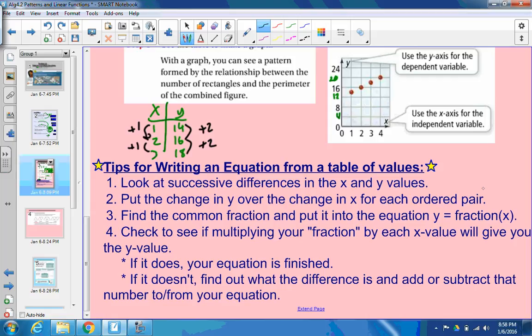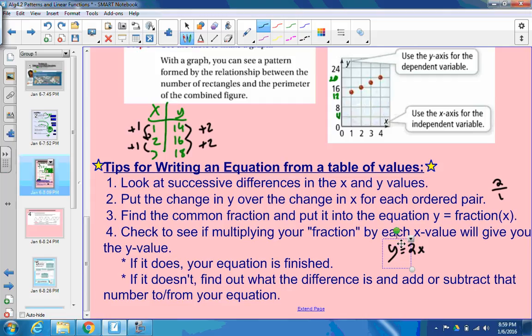The change in y is plus 2, and the change in x is positive 1. That common fraction we can then put into the equation: y equals that fraction times x. So y equals 2 over 1, or 2 times x.